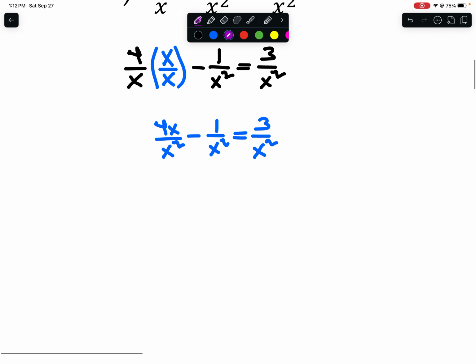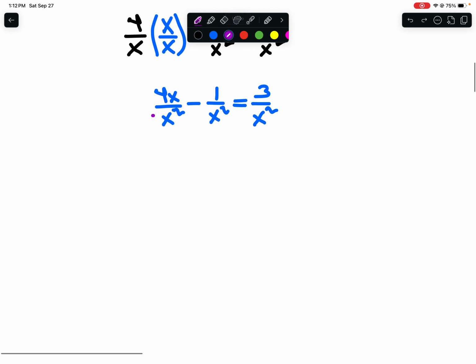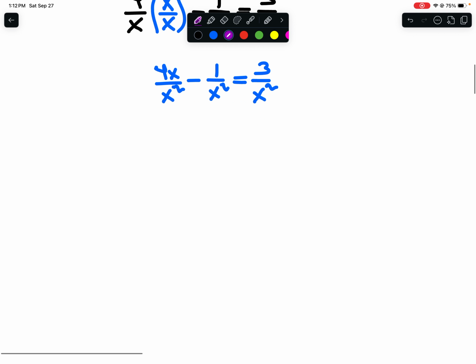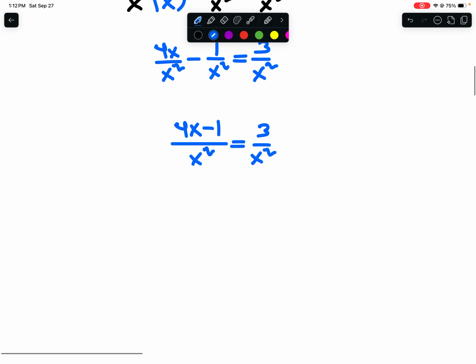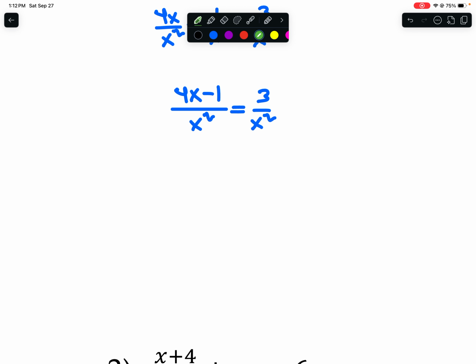Let's focus on the left side first. Now that I have a common denominator on the left side, I can combine these values. I'm going to have 4x minus 1 in the numerator, all over x squared, and that's going to equal 3/x squared. Now I want to eliminate the denominator on both sides entirely, so I'm going to multiply by whatever's in the denominator.